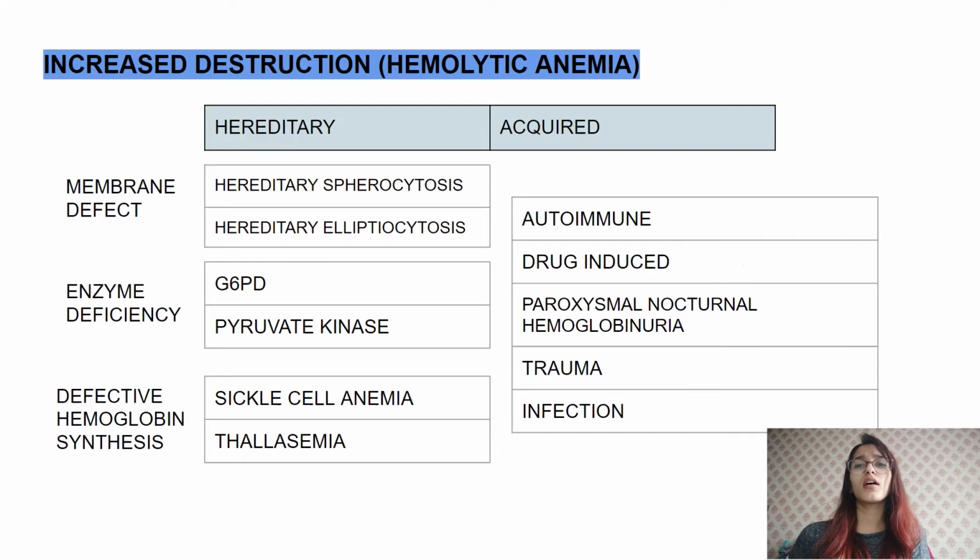Acquired causes can be autoimmune, due to antibodies produced against the RBCs, or drug induced, or trauma, or infection.